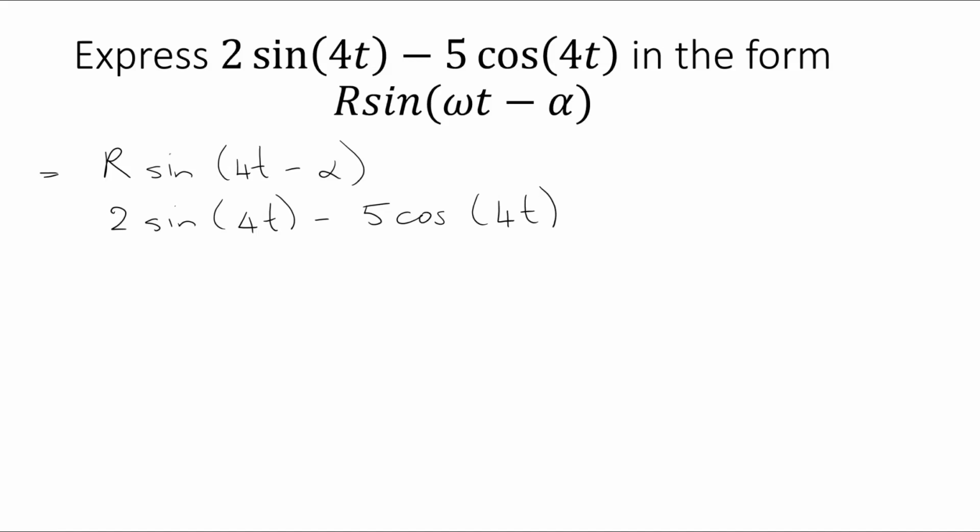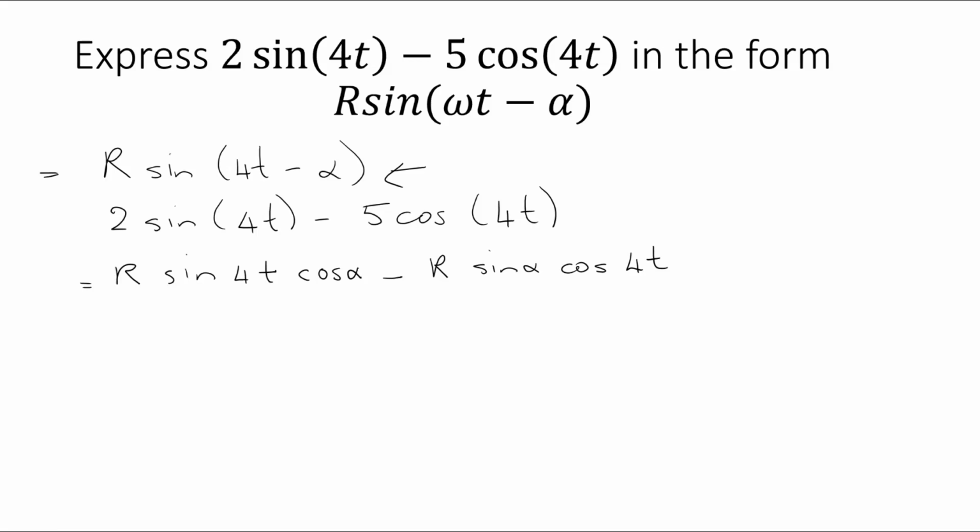Okay, so using the list, the expansion, the trig identity, we can write this out as R sine 4t cos alpha minus R sine alpha cos 4t.